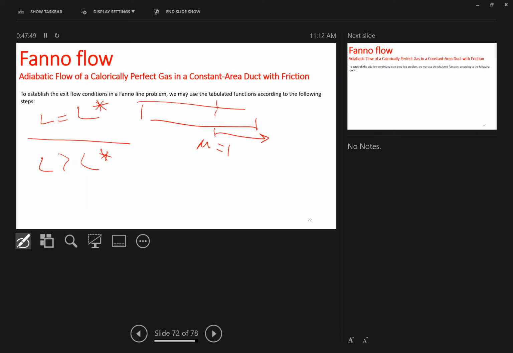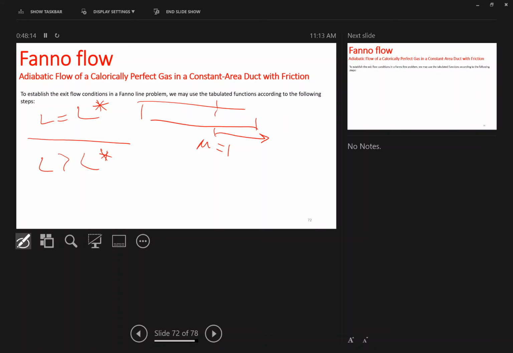In a real world solution, the flow goes in, it will be choking, and then what's going to happen? It will be literal choking. Flow cannot move anymore until the pressure changes, right? And then it will move, and the new inlet conditions will cause the outlet Mach number to be 1, right?